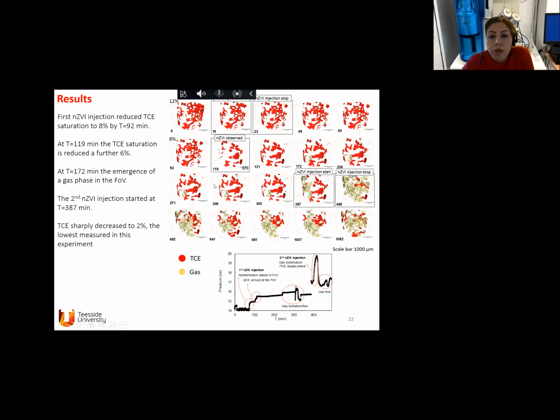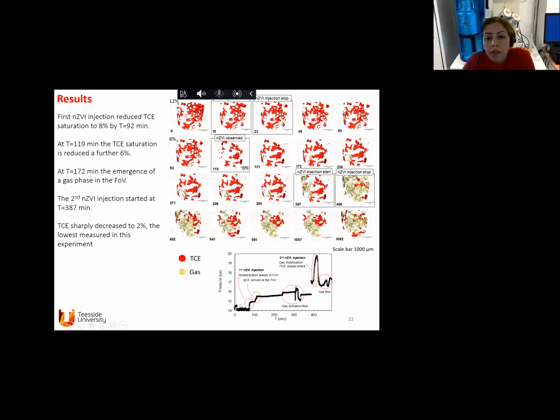But what we can also see is that gradually we start to see the formation, and later by the second nanoparticle injection, flow of a substantial amount of gas into the part of the column that we are imaging. And that is also reflected in the pressure response that we were collecting.